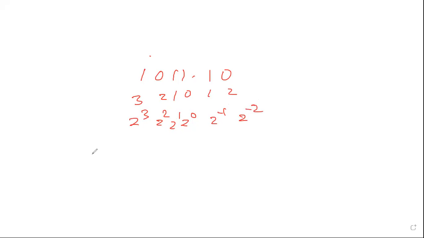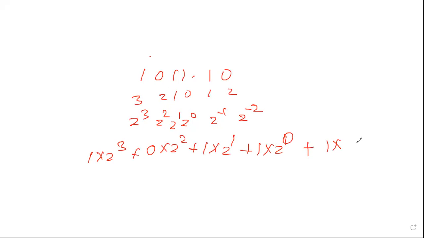Now multiply and add: 1 into 2 to the power of 3, 0 into 2 to the power of 2, 1 into 2 to the power of 1, plus 1 into 2 to the power of 0, plus 1 into 2 to the power of -1, plus 0 into 2 to the power of -2. This is 0, leave it.